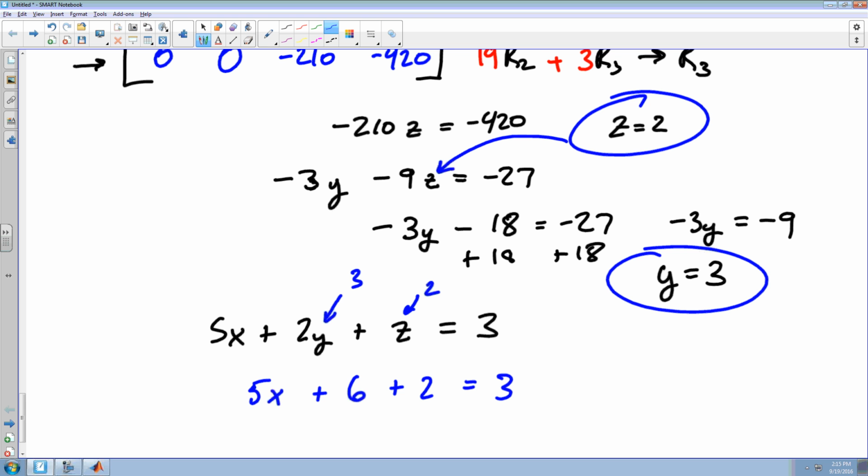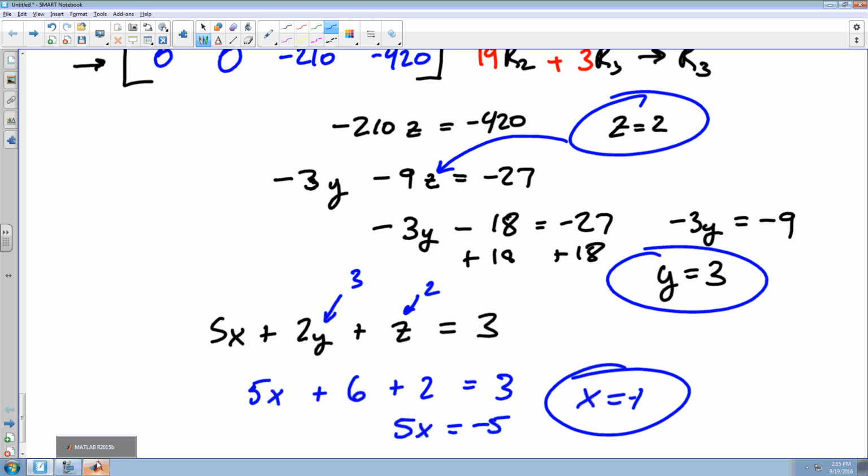So if we take 6 plus 2 as 8, subtract off both sides, you get 5x equals minus 5. X is clearly equal to minus 1. Right? So this is a nice way of really making life easier for us.